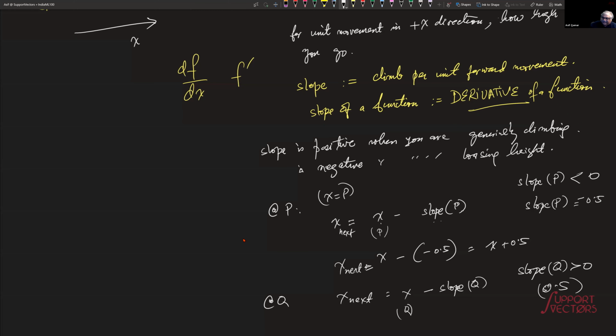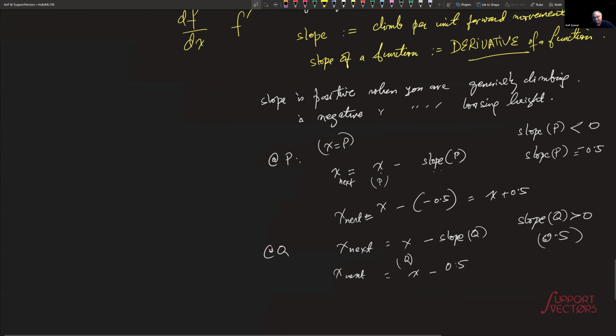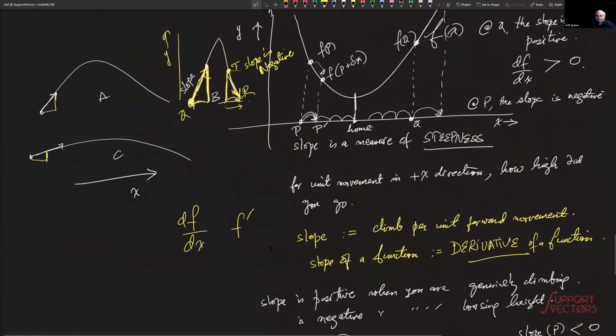Now this becomes x minus 0.5, would you agree? It becomes negative. So a negative means you are making steps backward. When you are making steps backward, are you going home? Yes, you're going home.